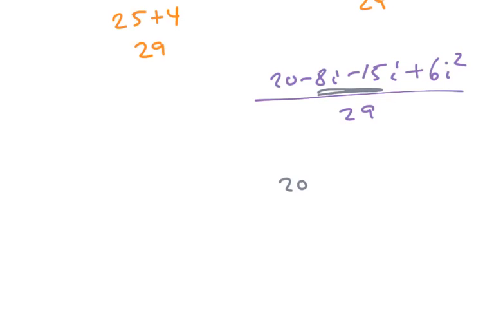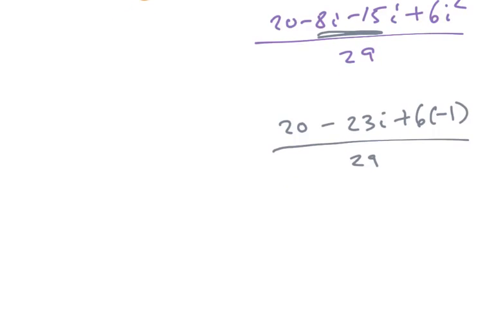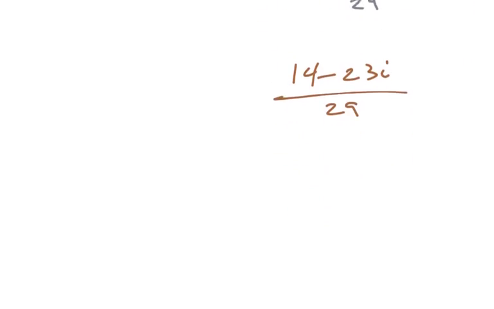I'm going to go ahead and put these two together. This is going to become negative 23i plus 6 times negative 1 over 29. And so this becomes negative 6. 20 minus 6 is 14, minus 23i over 29.